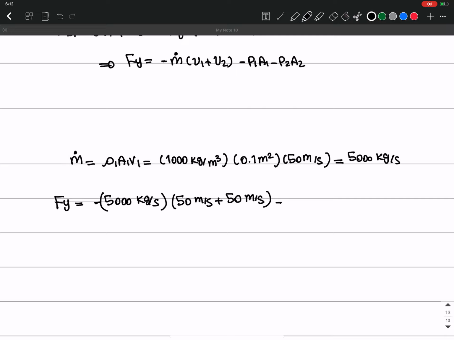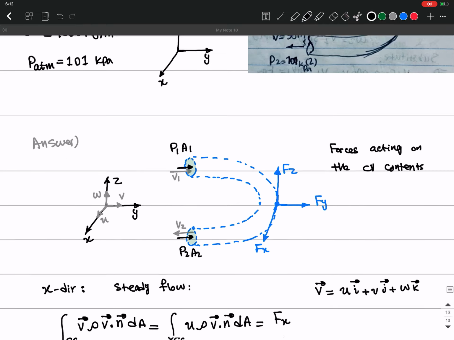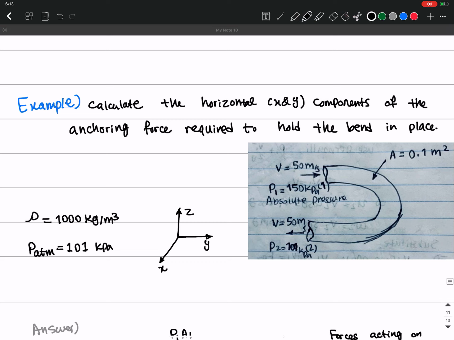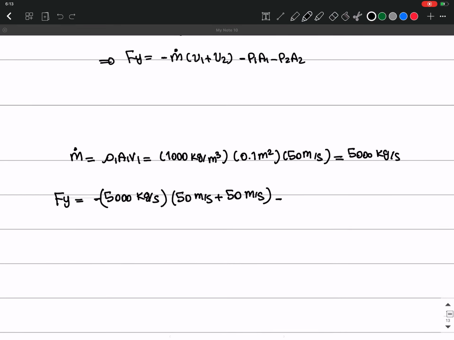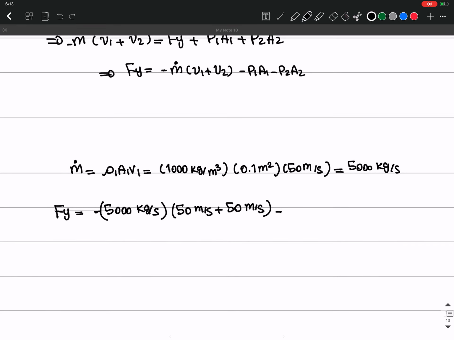Minus P1A1. What is P1? P1 is given as 150 kilopascal, and P2 is given as 101 kilopascal, so I have all of that as well. So it's going to be minus P1A1.